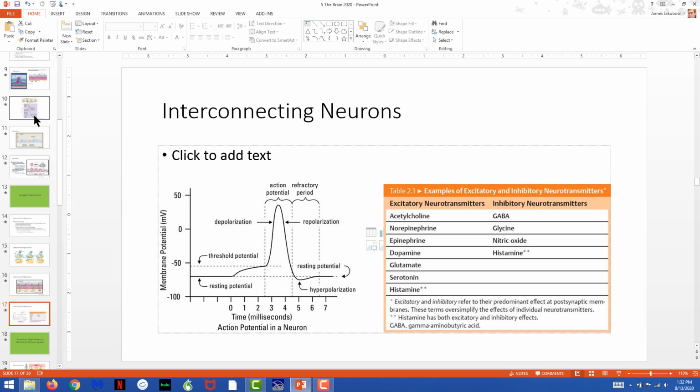Again, not necessarily higher order thinking processes. If I had to guess, generally, most of your higher order thinking processes are actually being managed by norepinephrine, epinephrine, dopamine, glutamate, and serotonin for the most part.